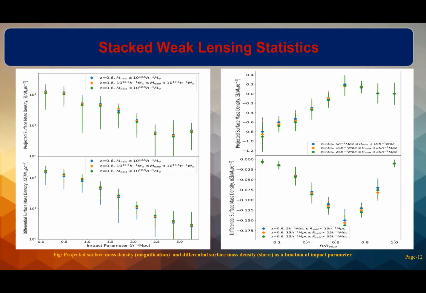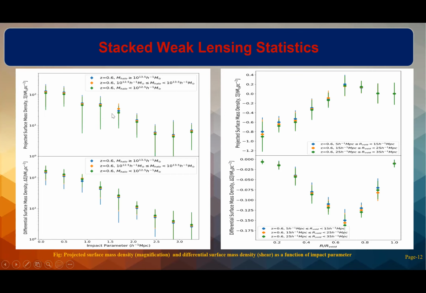The numerical result of the weak lensing magnification is higher near the center of the halos, while it gradually decreases with the increase of impact parameter. We obtained a higher value of magnification in the center of the halos because the density distribution is higher there.